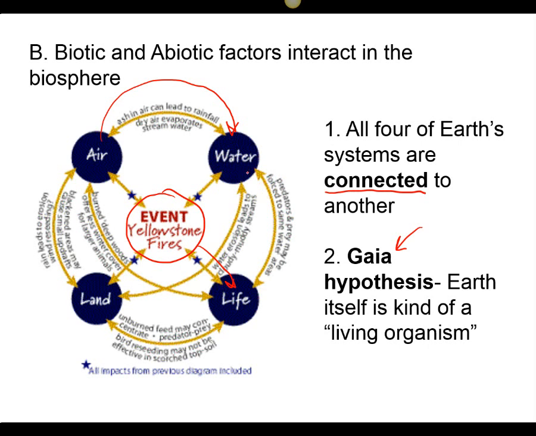So if the water gets dried up or affected by the fire, then everybody's drinking now at the same spot. You're putting food right next to the predators, and that'll affect it. Bird reseeding may not be effective in scorched topsoil. So if you have affected the land, it's going to affect the seeding of new life. So what happens to the soil affects what happens to the biosphere.